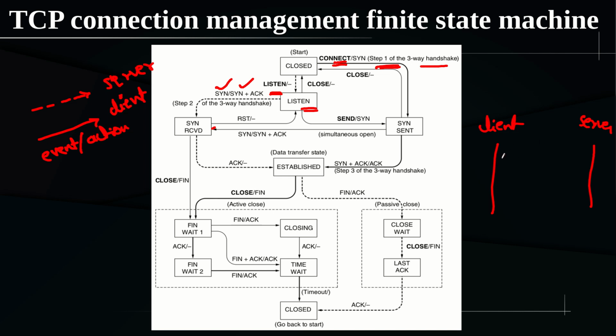The client sends a connect request, meaning it sends the SYN request, with the SYN bit equal to 1 and without any acknowledgement. Once the server accepts the connection, it responds with SYN plus an acknowledgement of this particular packet. Now the client sends back an acknowledgement for it.